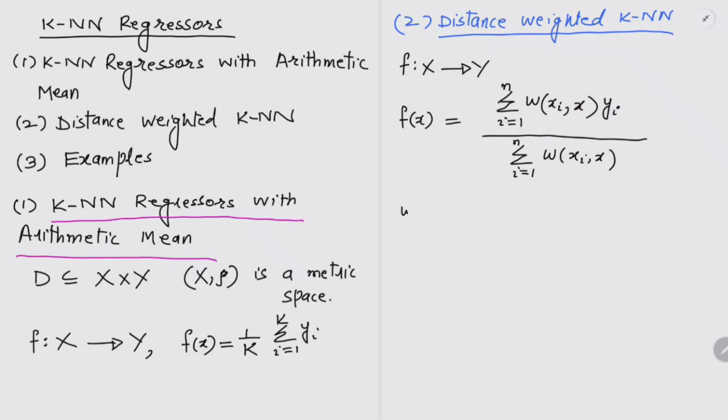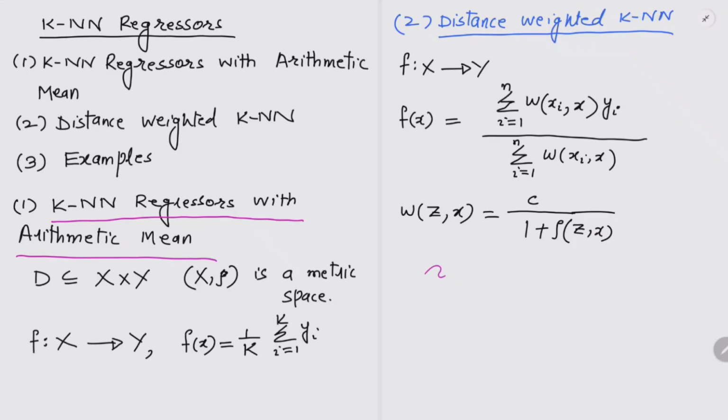One of the two options is that the weight is defined as one over the distance between z and x, plus some constant c. We will see how we can find the weights for the particular data set.